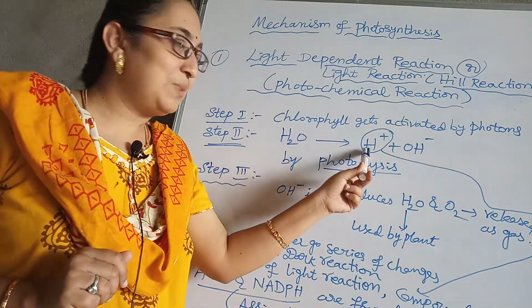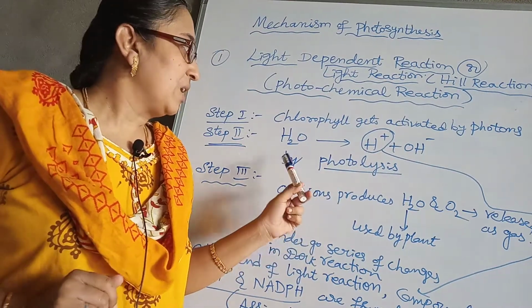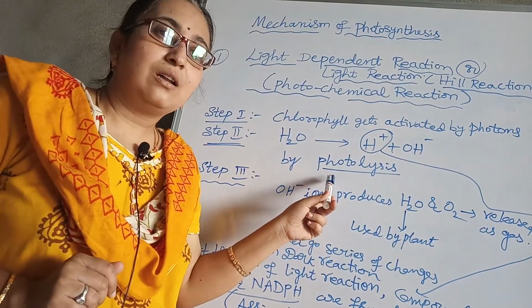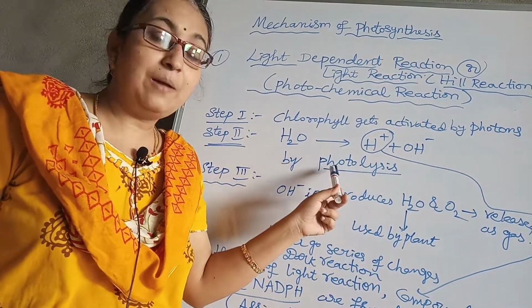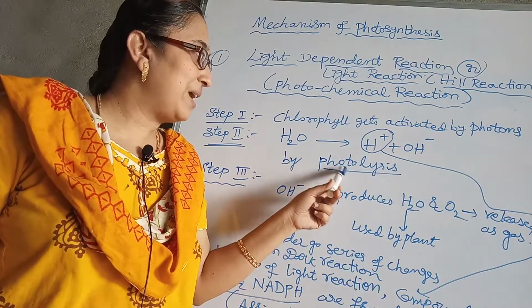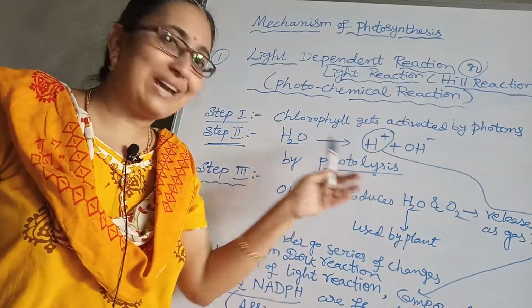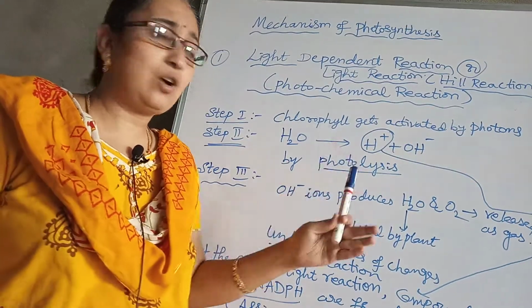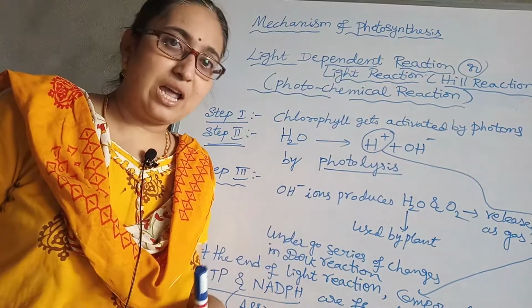That water will split into H plus ions and OH minus ions by photolysis. Photolysis is the breakdown of water molecules in the presence of light. Lysis means breakdown. Light will break down the water molecules into H plus ions and OH minus ions.